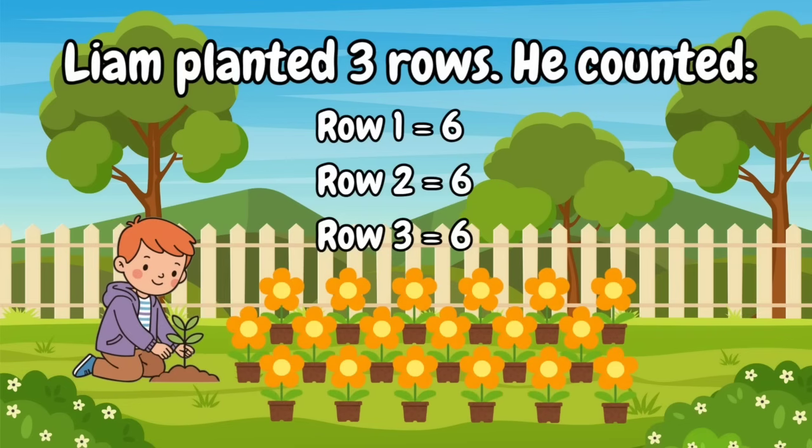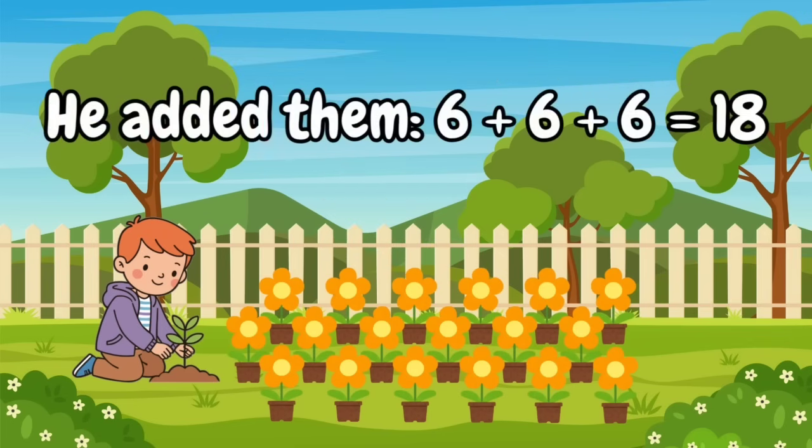He counted. Row 1, 6. Row 2, 6. And row 3, 6. He added them. 6 plus 6 plus 6 is equals to 18.